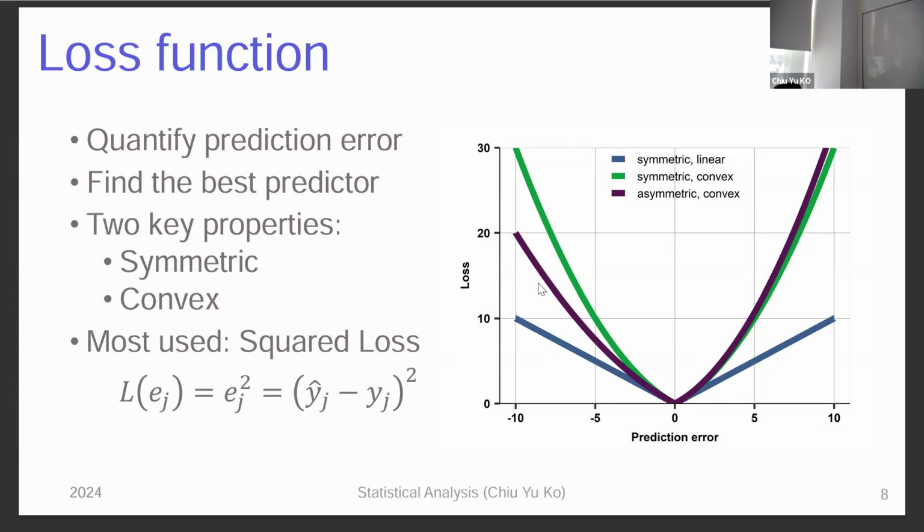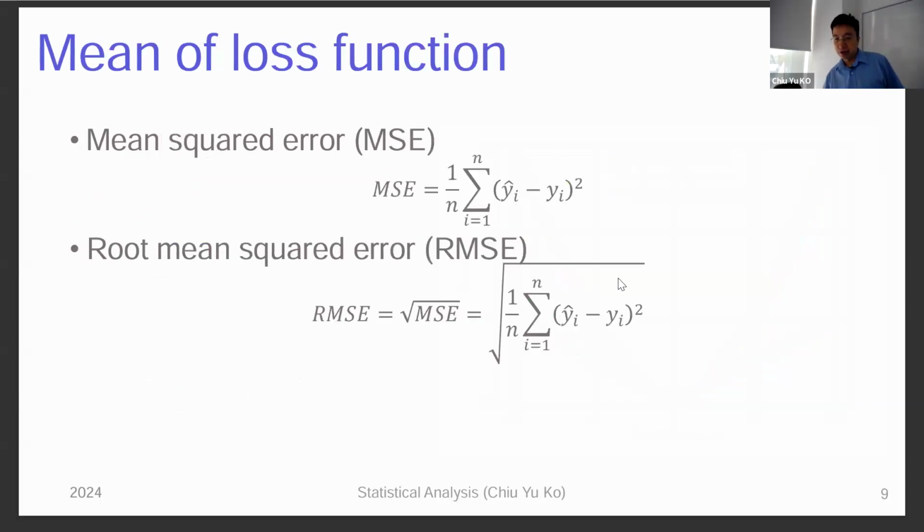But probably the question is, why don't I go to 4, or 6? Yeah, but square is easier. I mean, there's some reason why you square, but that is the way to look at it. And I hope you remember the MSE, right, this guy.